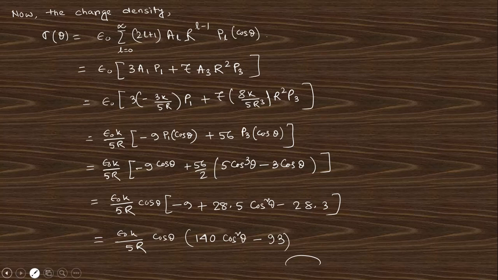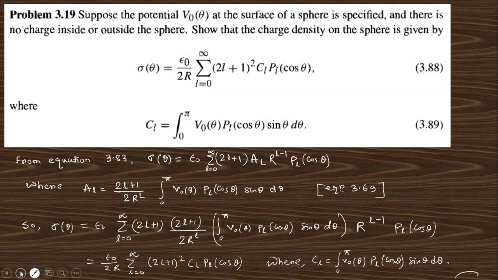Next question says, 3.19 says, suppose a potential V0 at the surface of the sphere is specified and there is no charge inside or outside the sphere, so that the charge density on the sphere is given by this. So from equation 3.81, sigma theta is like that at R, where A_l equals this.